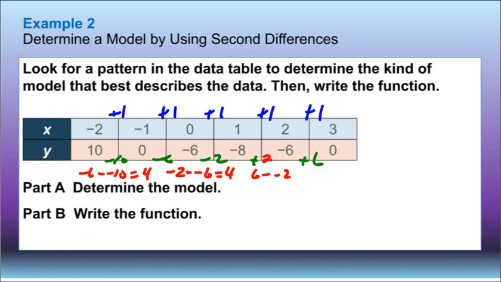So it would be 6 minus a negative 2 would give us 4, and then 6 minus 2 would give us 4. So our 4 here is what we're going to use to help us find our A.